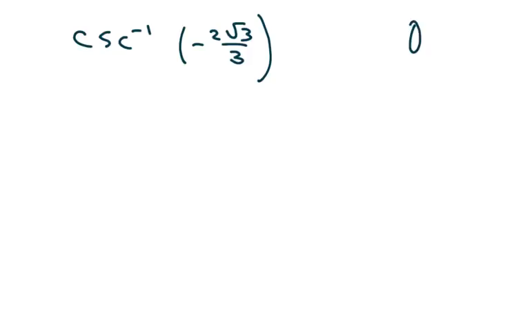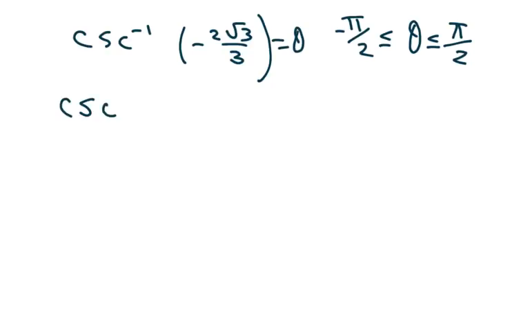And the last one is inverse cosecant of negative 2 square root of 3 over 3. And we're finding the angle that's between negative pi over 2 and pi over 2. So set this to theta here.